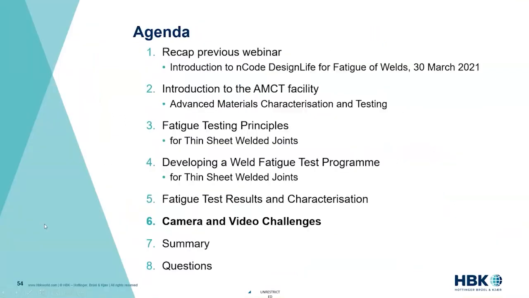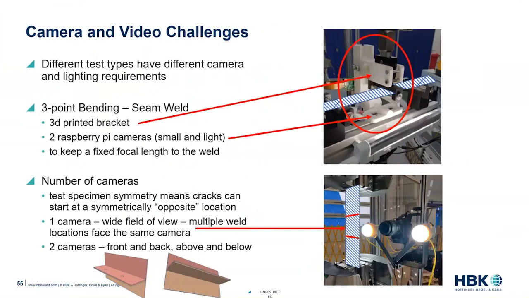Okay, we are very close to the end now, so I'll just quickly do a couple of slides on the camera and video challenges. This particular example here, I was actually using a 3D printed bracket which is attached and moves with the rig with a pair of Raspberry Pis, such that we keep the same focal length between the camera lens and the weld itself.